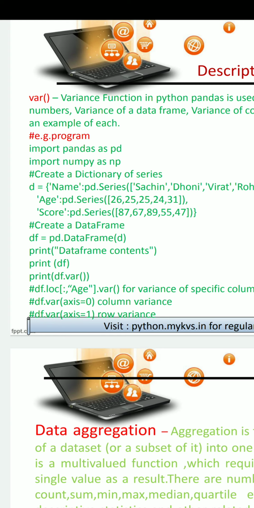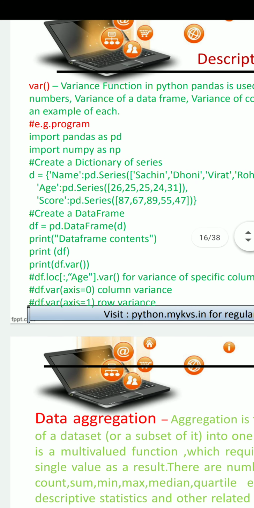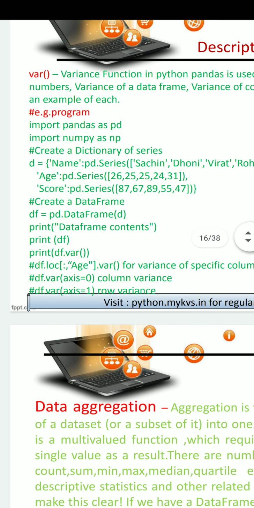If we mention df.var(axis=0), it will find the column variance. If we mention axis=1, it will find the row variance. And if we want the variance of a specific column, we have to mention df.loc[:, ...], where colon means we are not mentioning the starting or ending position. It means all the numbers in the age column will have their variance found.